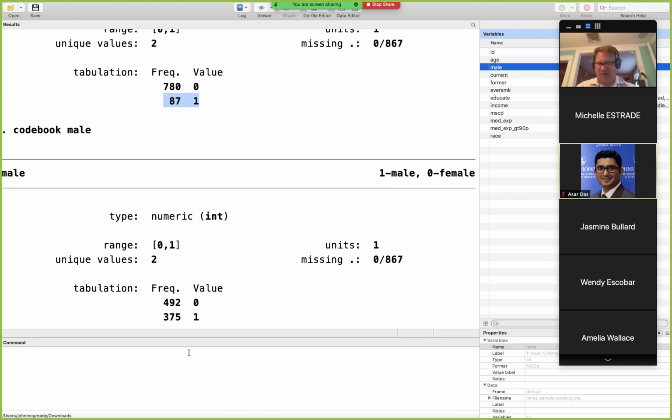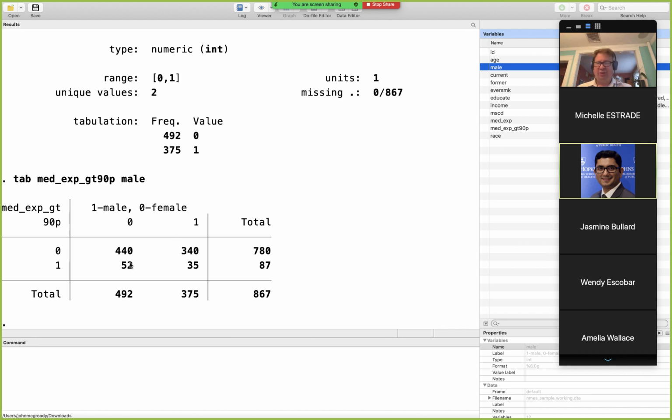And so maybe I would tabulate, let's do it this way. We'll do tabulate high medical expenditures by sex. Let's see what this looks like. And so our column variable here is sex, 1 for males, 0 for females. The variable name is labeled, but I didn't take the time here to label the specific values.